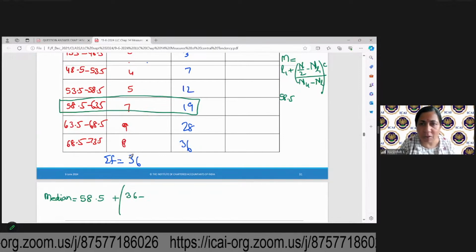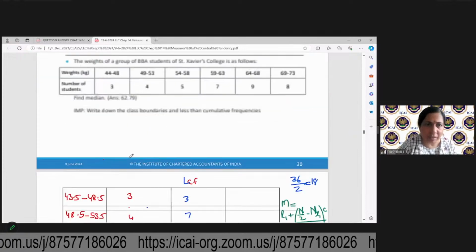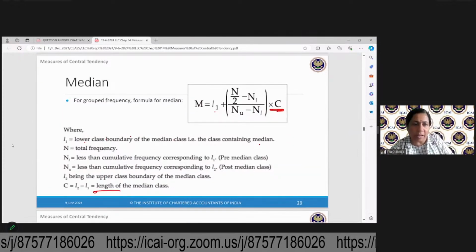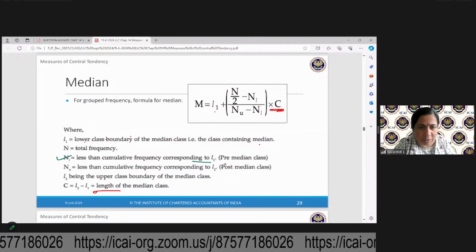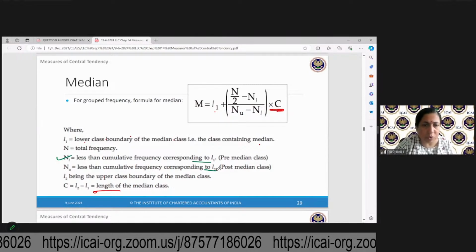Let us also see the formula simultaneously. NL is the less than cumulative frequency corresponding to L1 and NU is corresponding to L2.